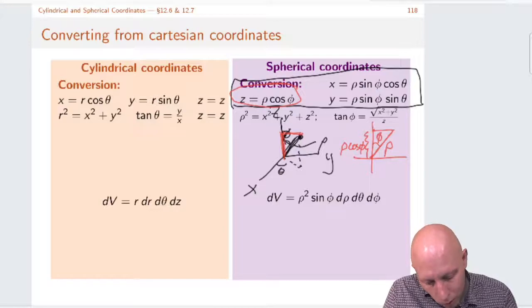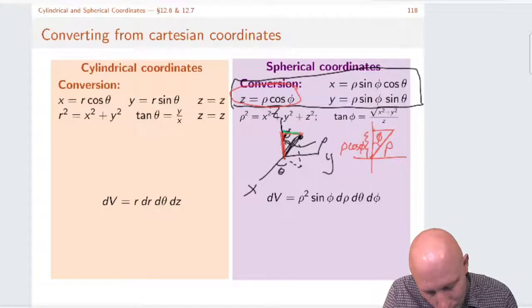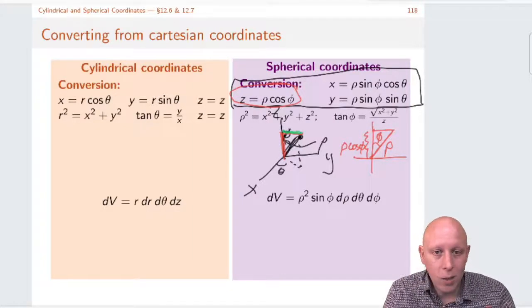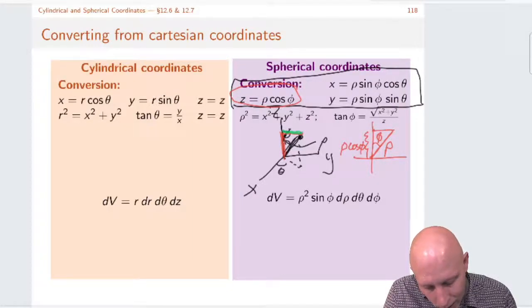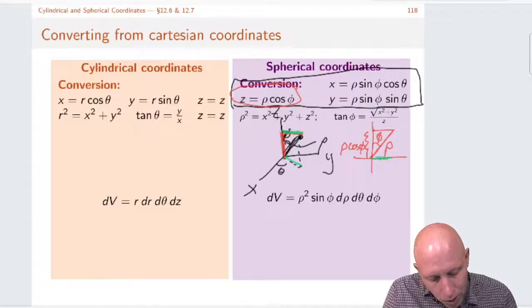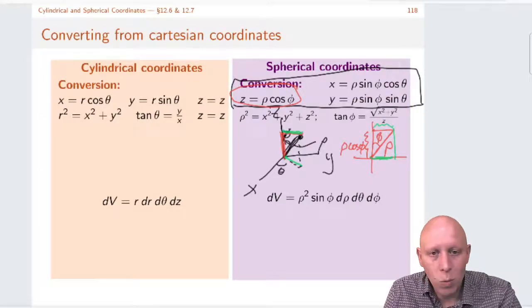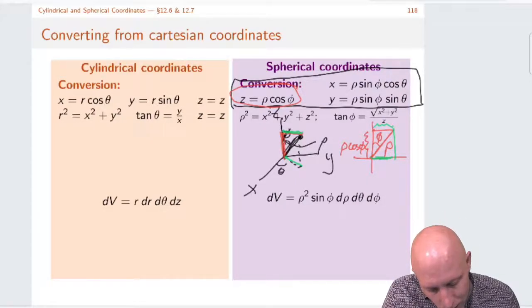Now I'm going to draw one more triangle here. This here is not in the x or y direction. It's something in the xy plane. So let's take a look at what this value is. This value is going to be rho sine of phi.